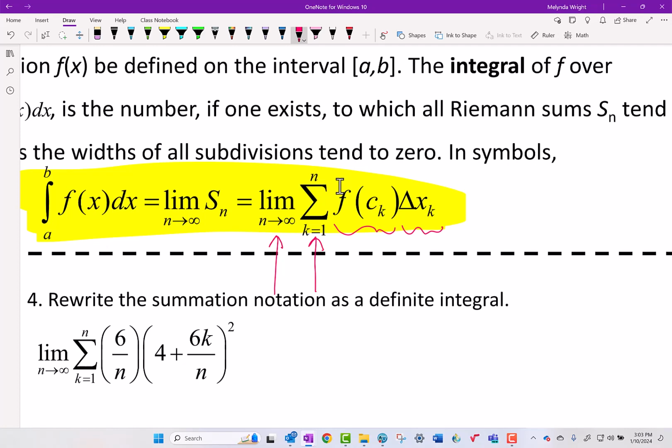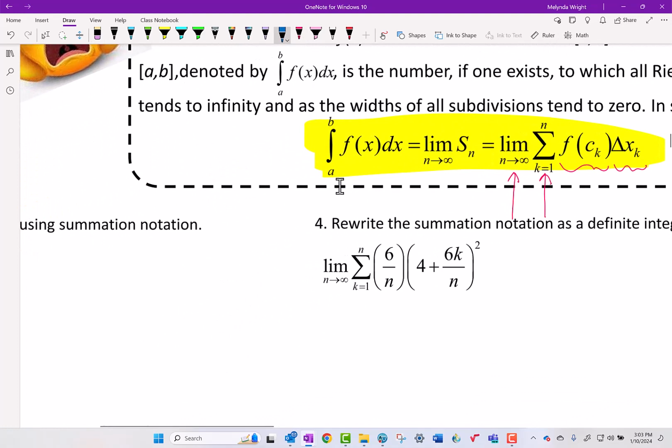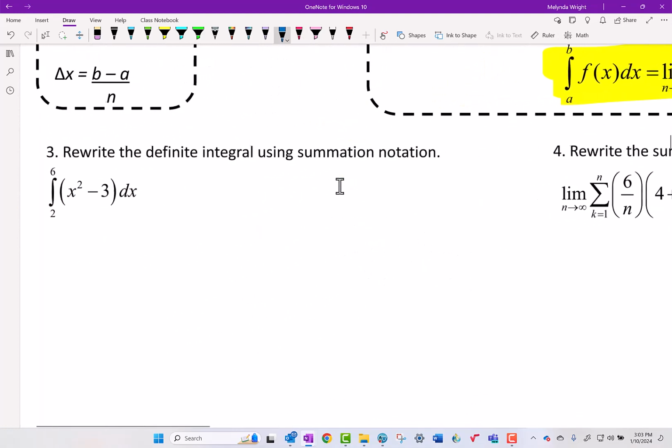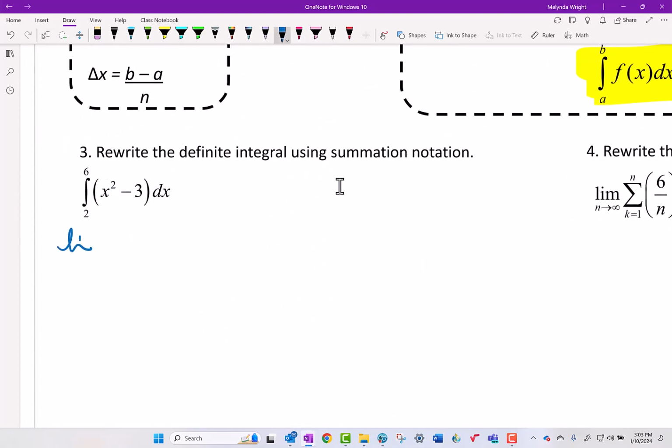Okay, let's start writing that. Again, you don't have to memorize these formulas. The limit as n goes to infinity of the summation, k equals 1 to n. That's just the way they all start. All of them, just like that.